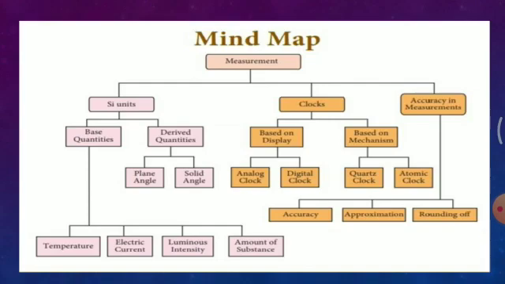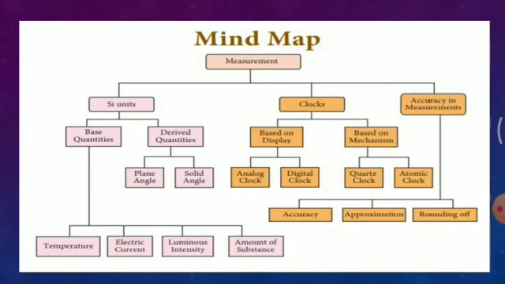Plane angle SI unit is radian and solid angle SI unit is steradian. Temperature SI unit is Kelvin. Electric current SI unit is ampere. Luminous intensity SI unit is candela. Amount of substance SI unit is mole.